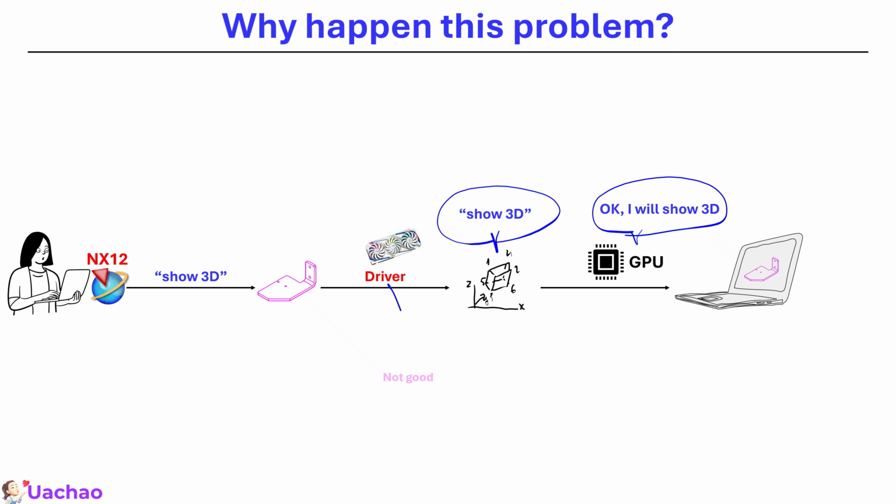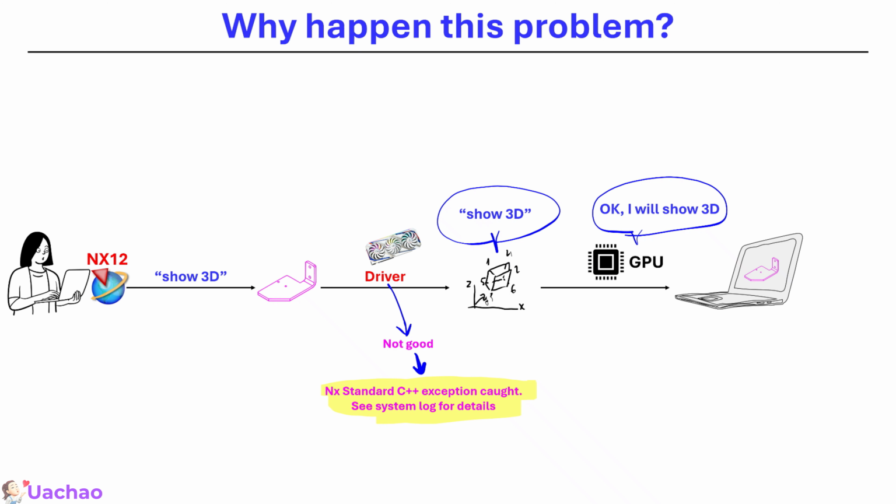So the key point here is this: if the driver is no longer working properly, more specifically, if it is not compatible with NX, then NX and the driver can no longer understand each other. This leads to the error NX Standard C++ exception code. See system log for detail.